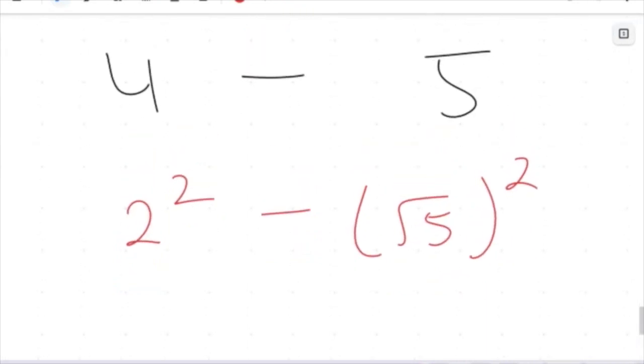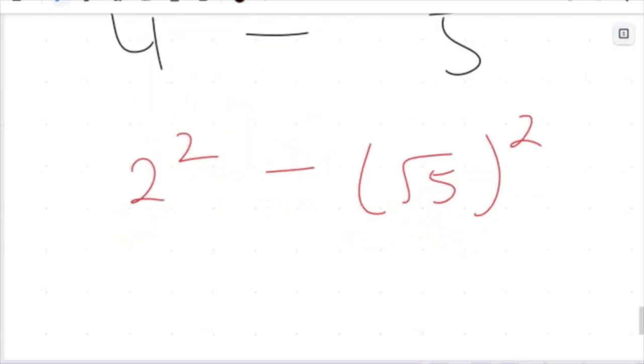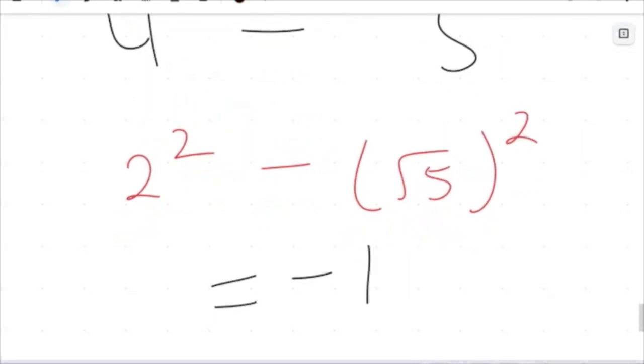And when I do this subtraction, I finally wind up with negative 1. So all the things that happened with our algebraic terms when we looked at regular distributive law expansion, as well as expanding binomial products, as well as perfect squares, as well as difference of 2 squares, they work the same way for surds.